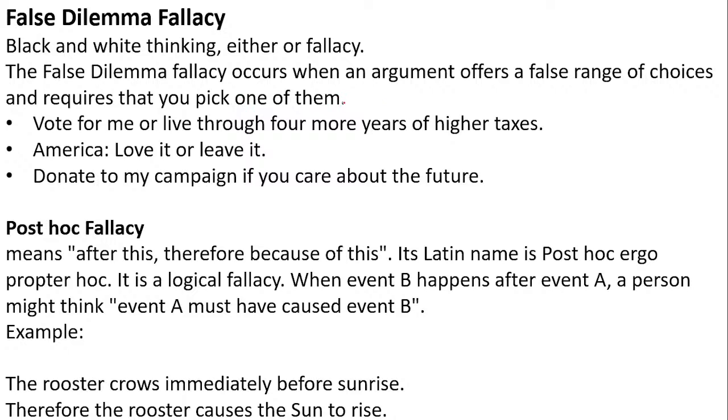So they give you two options in this fallacy: vote for me or live through 4 more years of higher taxes. So some politician is saying, either you vote for me or for the next 4 or 5 years you have to pay very high taxes. This is a kind of false dilemma fallacy. You are giving only two options, either-or.